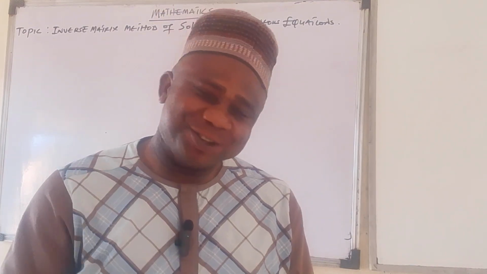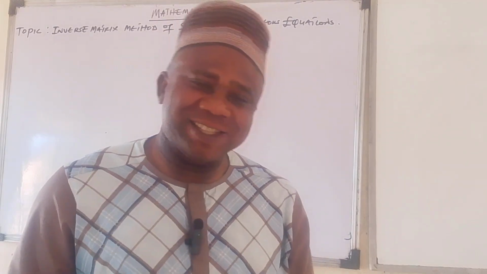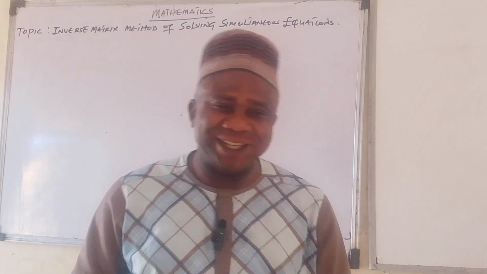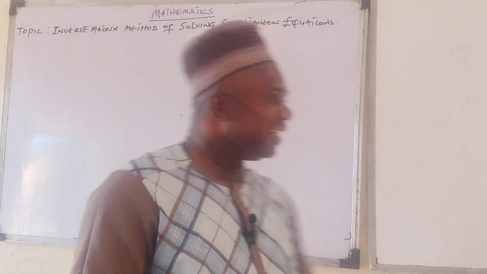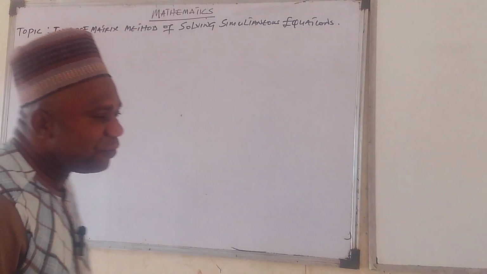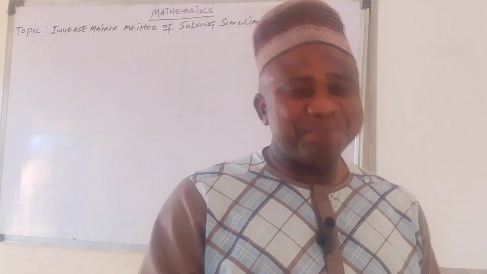Today, I'm going to be taking you through the inverse matrix method of solving simultaneous equations involving three variables. Yes, let's get started. Now, we are going to design our question and we'll solve it from the beginning to the end using the matrix inverse method.